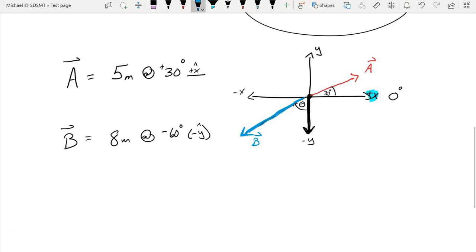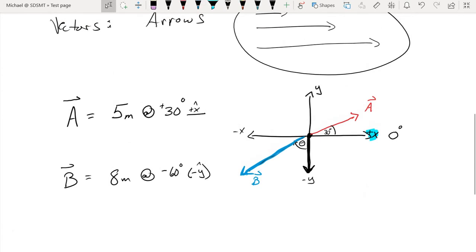Alright, keep in mind that this was all a freehand sketch. My angle measures are probably not exact, nor are the values of the magnitudes that I've used. But again, these sketches are just there to give us an idea of what the picture should look like.